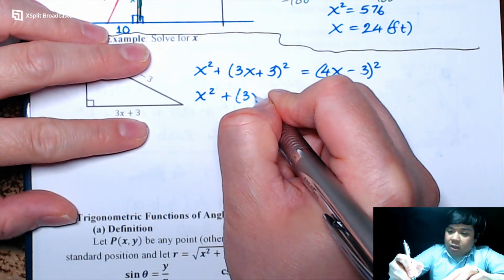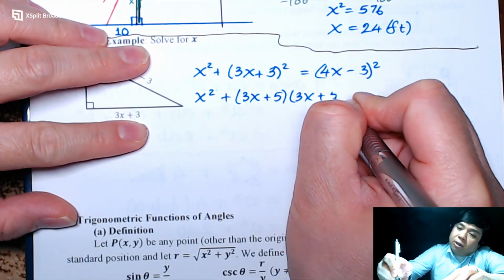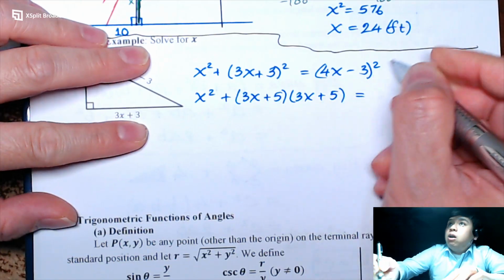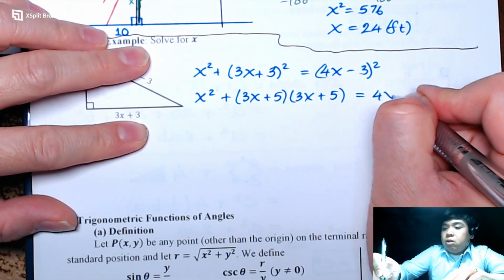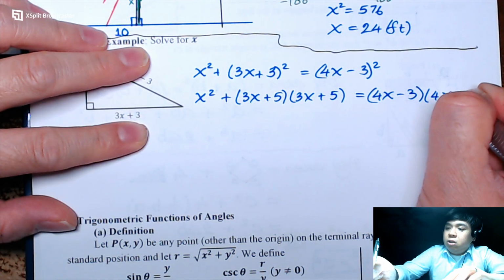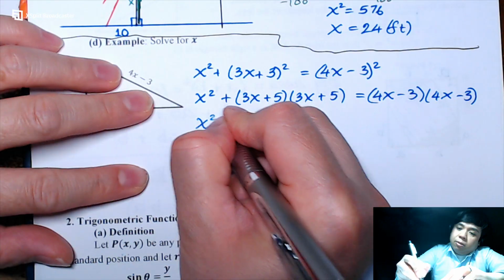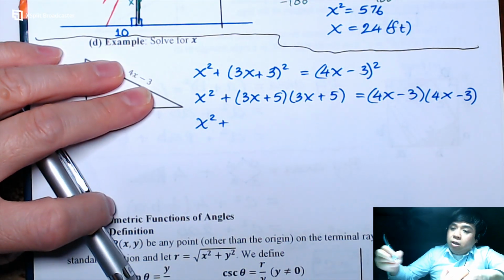So 3x plus 5 and 3x plus 5, and 4x minus 3 and 4x minus 3. Multiply it out.